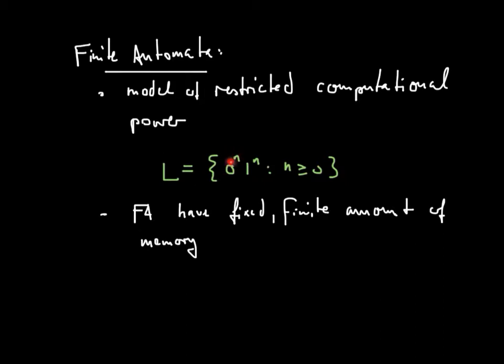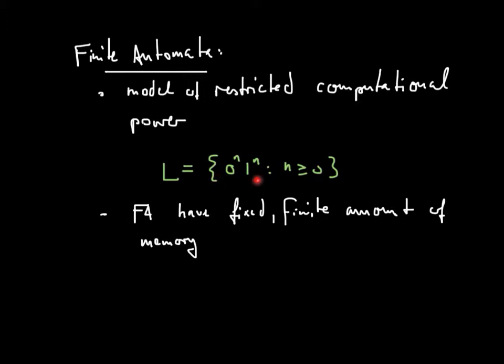But this needs to be a variable size counter, because n is going to differ for different words in the input, right? So a finite automaton having only finitely many states cannot recognize this.